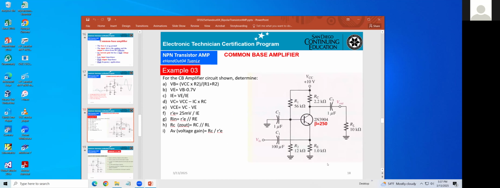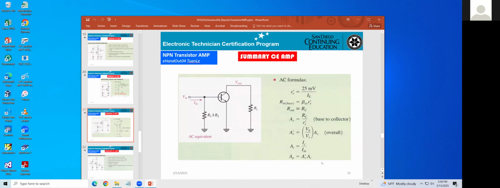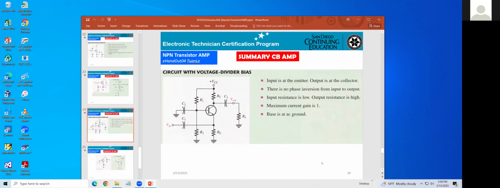Okay, now the next one will be common base. Common base: input applied to the emitter, output from the collector. And basically, input and output will be in phase.